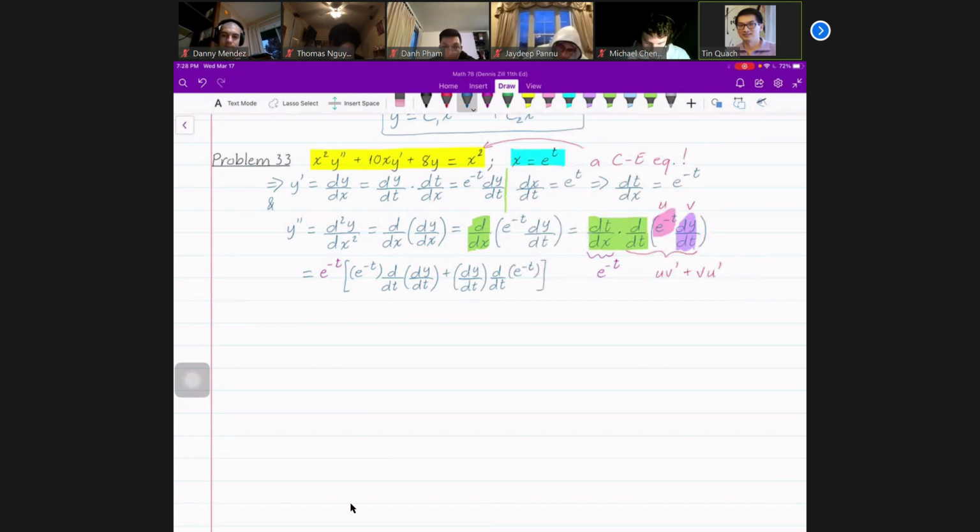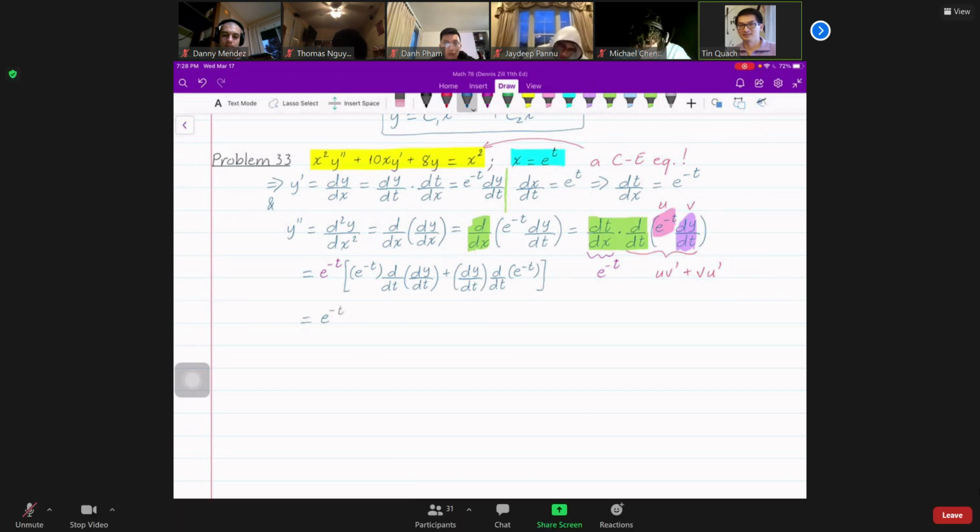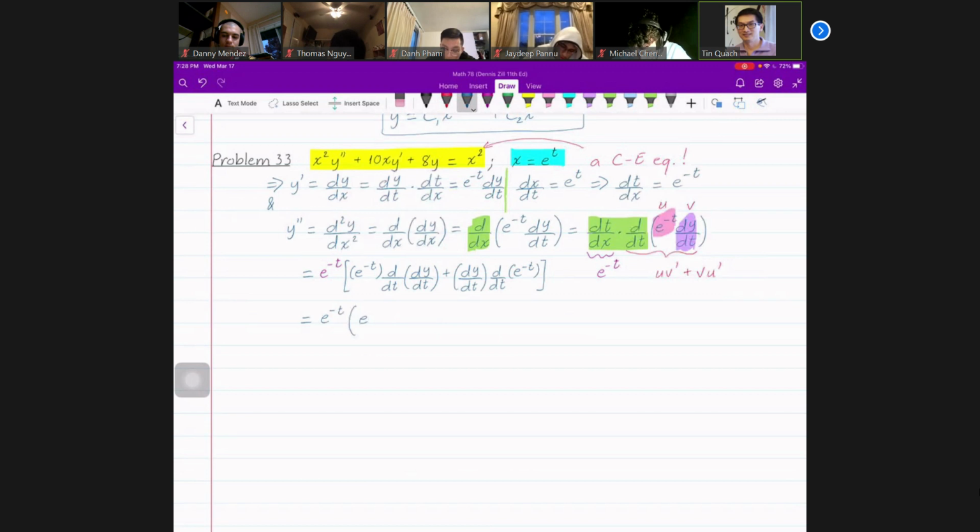Okay. So now let's rewrite. So you have e to the negative t. In here, you have e to the negative t, and that gives you the second derivative with respect to t. And the next one, the derivative of negative e to the t is negative e to the negative t times that.